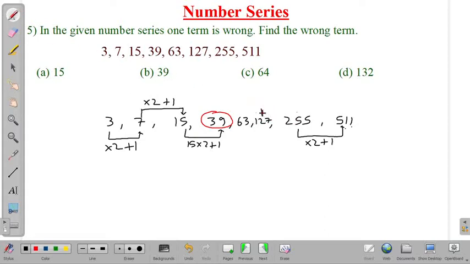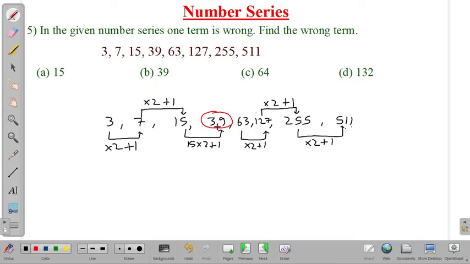If we apply here the same logic, that is 127 multiplied by 2, we are getting 254, and if we add 1 to that, we will get 255. So here also the same logic is applied, and if we apply that logic to 63 and 127, if we multiply 63 by 2, we are getting 126 plus 1, so it will be 127. So 39 must be the wrong term.